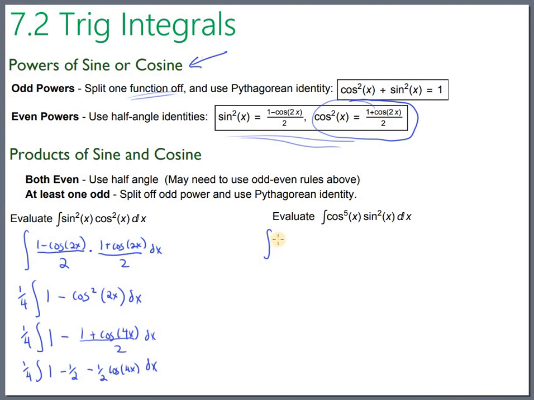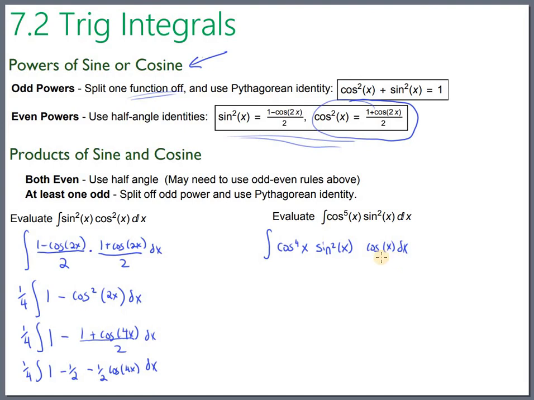So let's do cosine to the 5th of x, split off one of those. So this will become cosine to the 4th of x times sine squared of x, and then I'm going to stick one more cosine x here on the end.